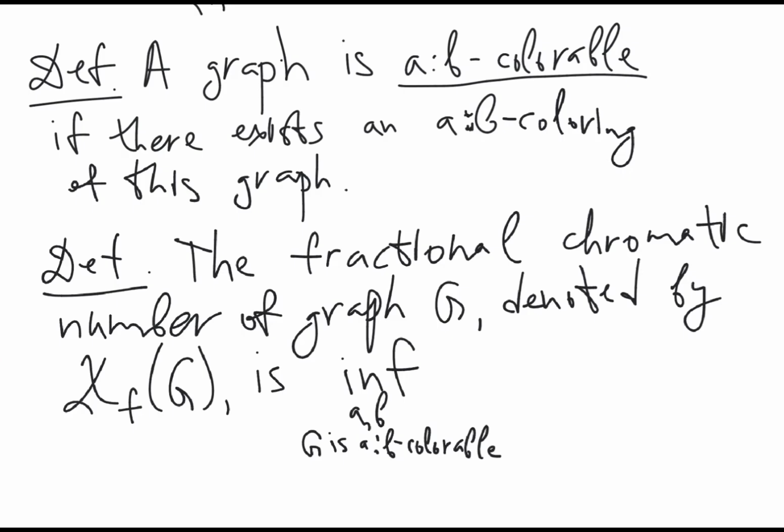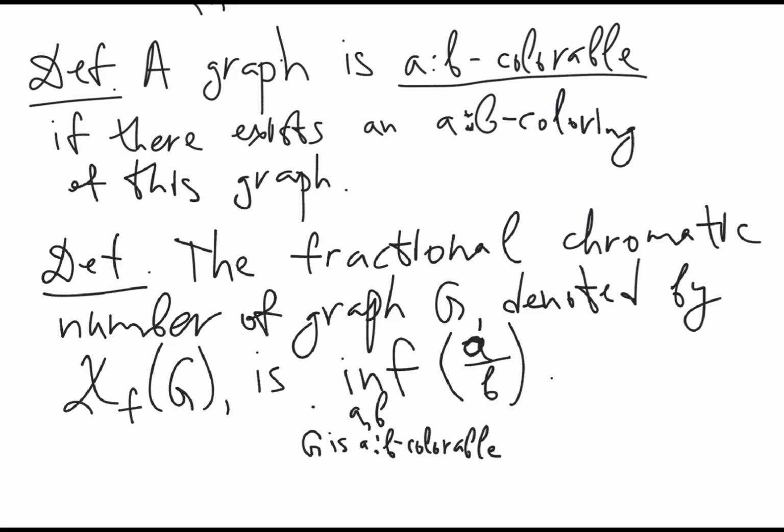So all of this is under infimum. A, B such that G is A:B colorable, infimum of what? Infimum of this fraction A over B. So A divided by B. And this is where the A divided by B appears explicitly.